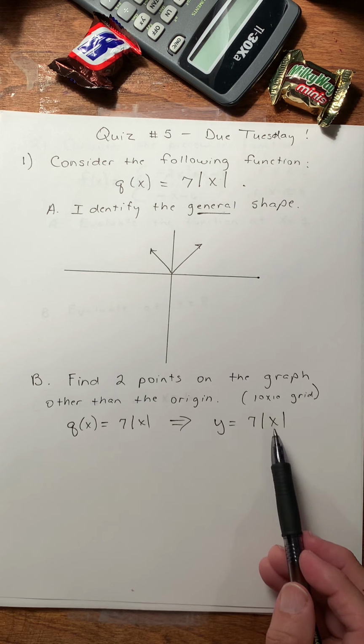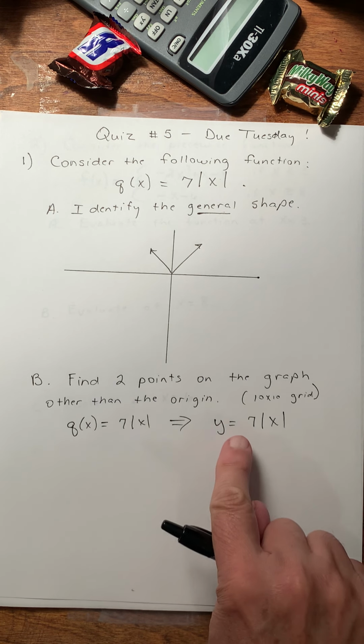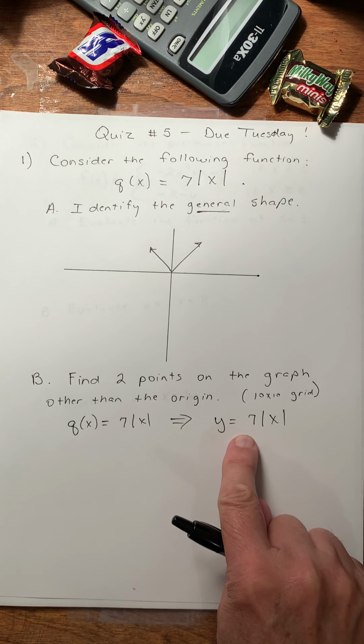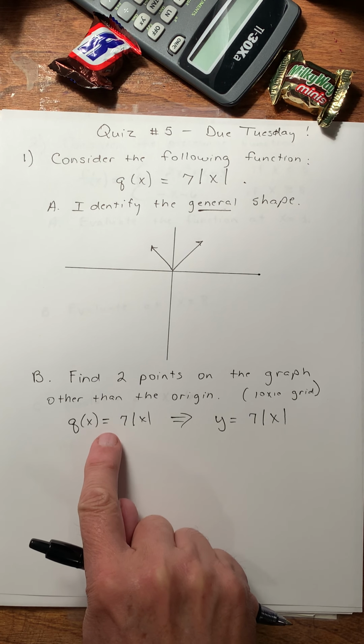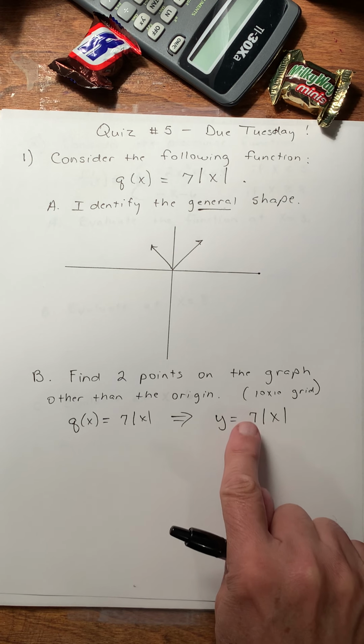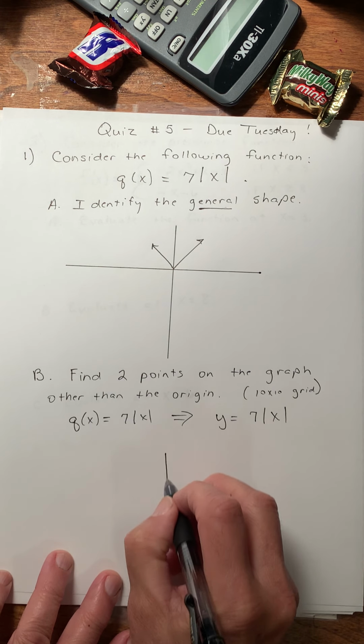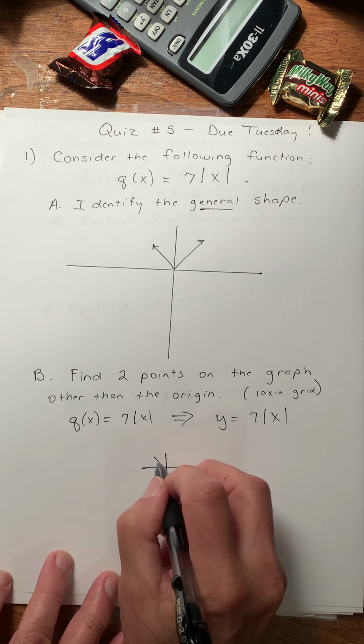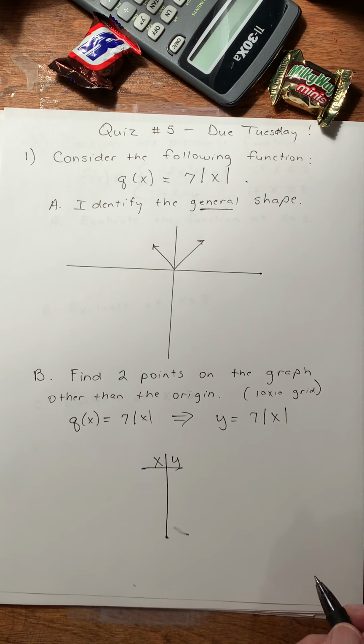So if you want to get a point x, y, I would choose this expression of the function. This is function notation. This is an equation in 2 variables. This is the one that's going to give me my points x and y.